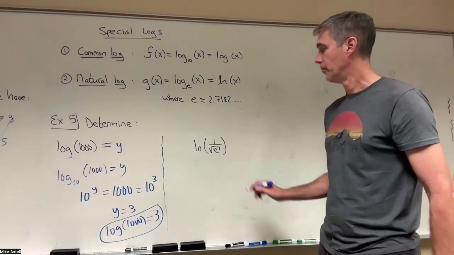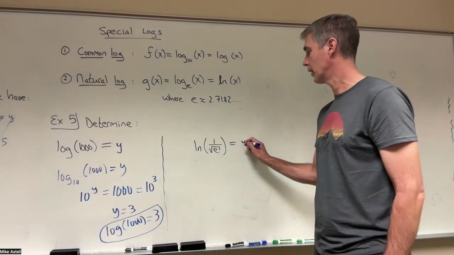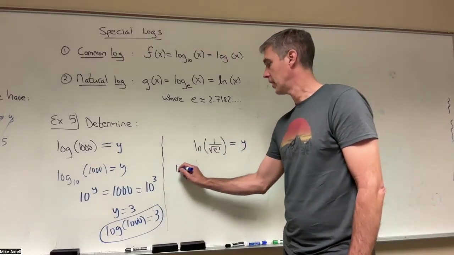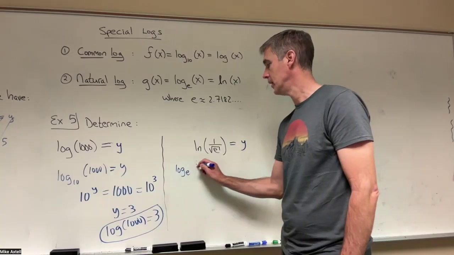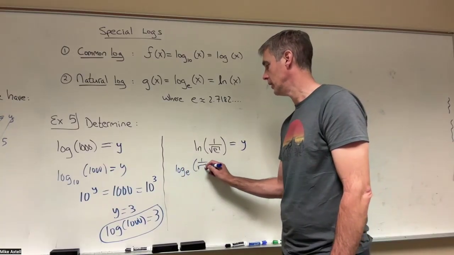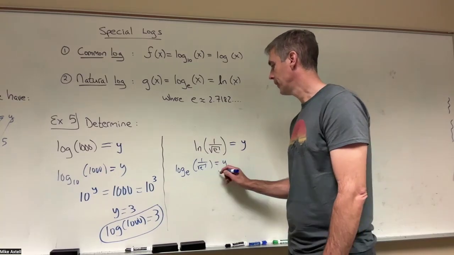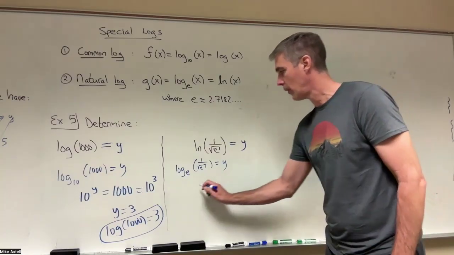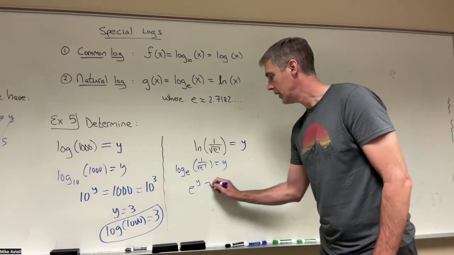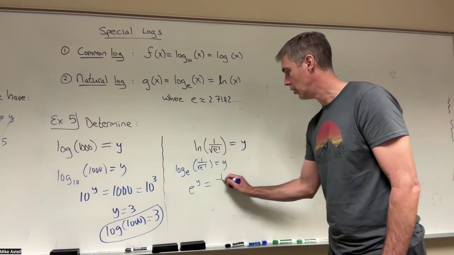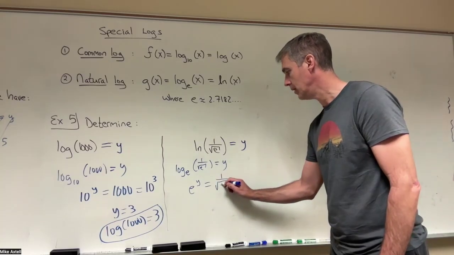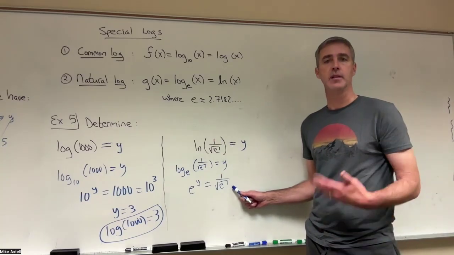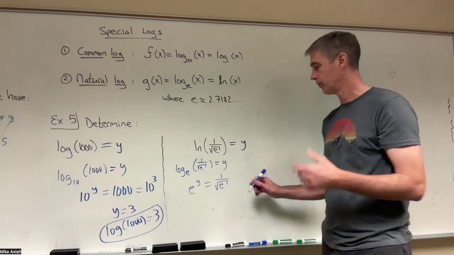Let's play the same game here. Natural log of 1 over the square root of e is equal to y. So I can think of that as log base e of 1 over square root e equals y. I can flip this to its exponential form: e raised to the y power equals the x value, 1 over square root of e. And now I'm just going to muck around with 1 over the square root of e and simplify it to a form of e to a power, okay?